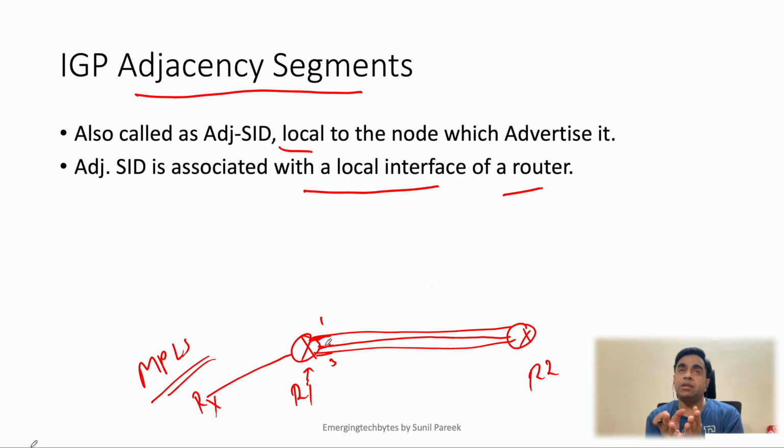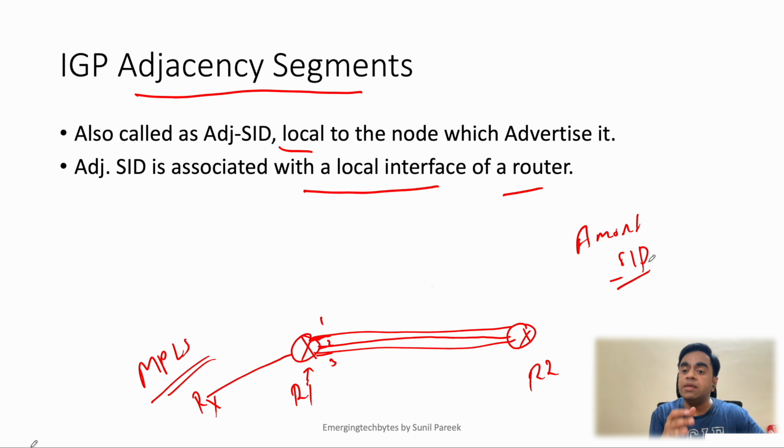Well, hypothetically, it can be unique, but then think about the number of SIDs that you will have. Here this router has three interfaces. There can be another router with many interfaces. And if we assign unique SIDs to all the interfaces in your domain, the number of SIDs that we need will explode.